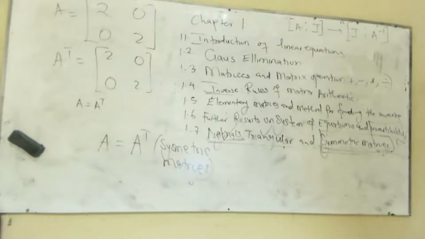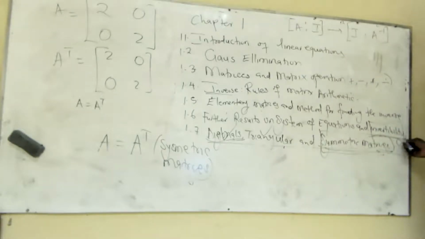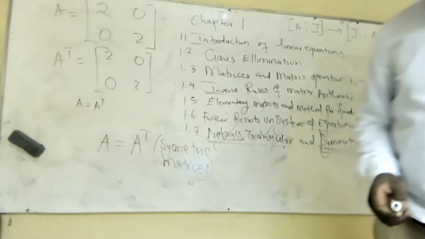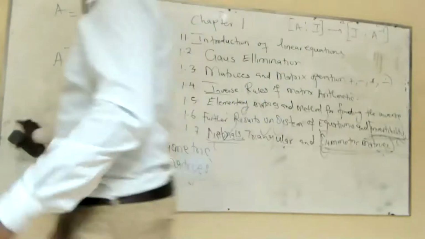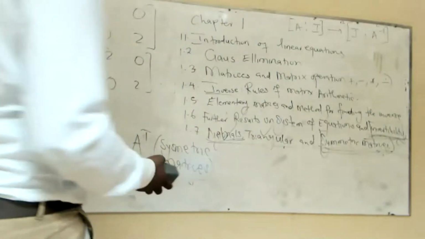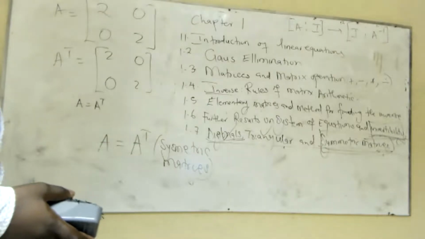I'm now going to another important topic which you must take note of. It's in chapter 2. That topic is called invertibility, or the invertible matrix. In the exam, how do they ask about a symmetric matrix?